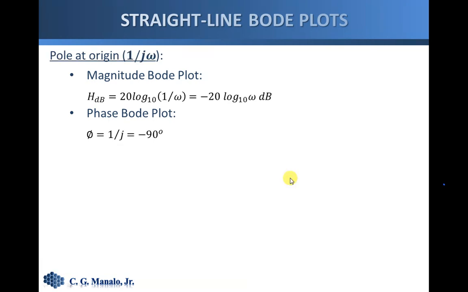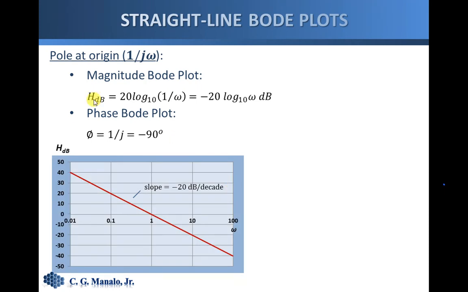Now for the pole at the origin, since this is something that looks like 1 over j omega in the transfer function, if you take the log of that, it is simply negative 20 log of omega. And the phase would be negative 90 because it is 1 over j.